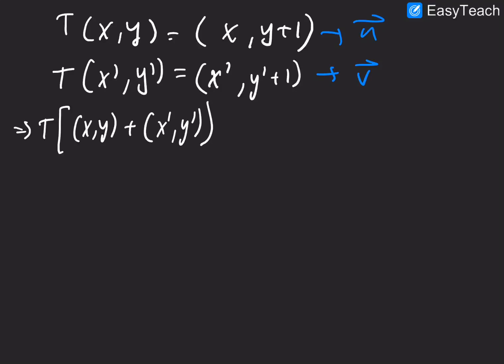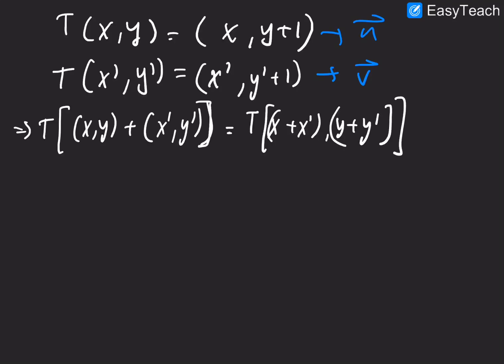x prime y prime. That's going to equal t of x plus x prime, y plus y prime. Okay, so that's also going to equal x plus x prime, y plus y prime, plus 1.